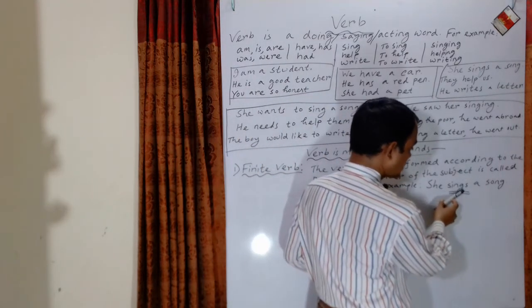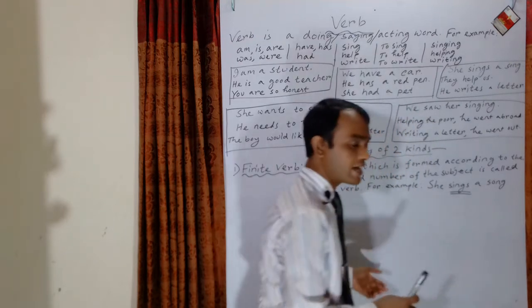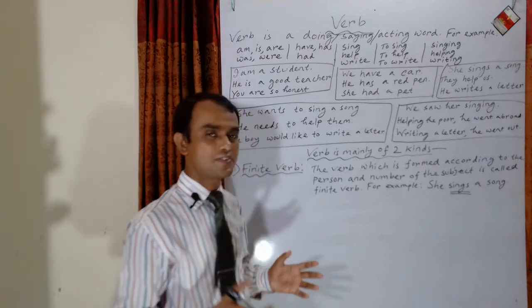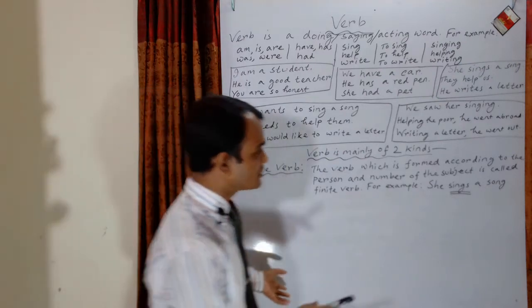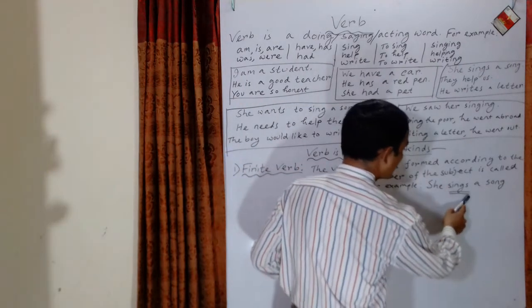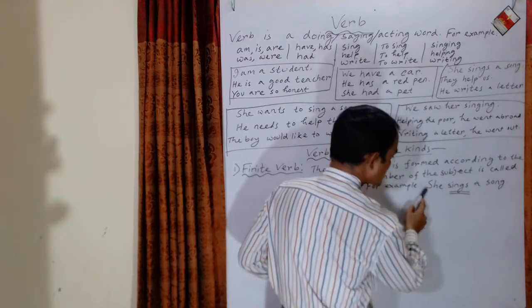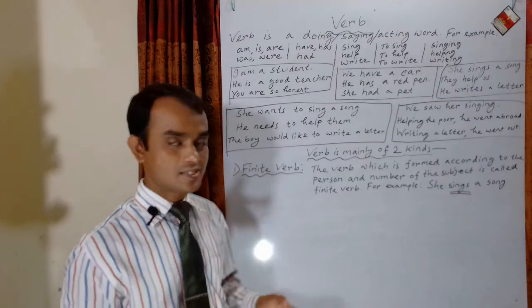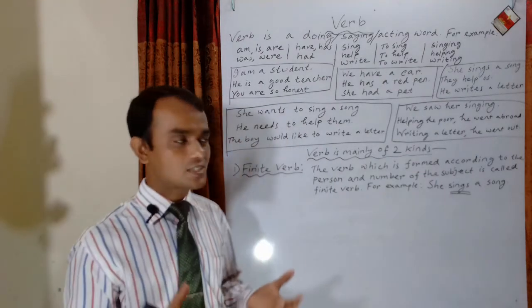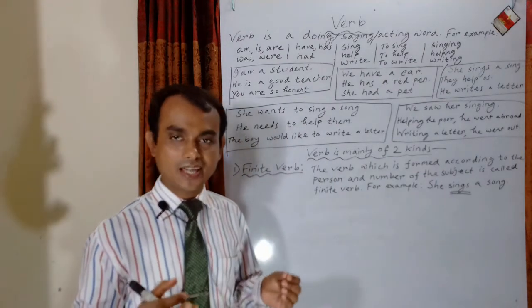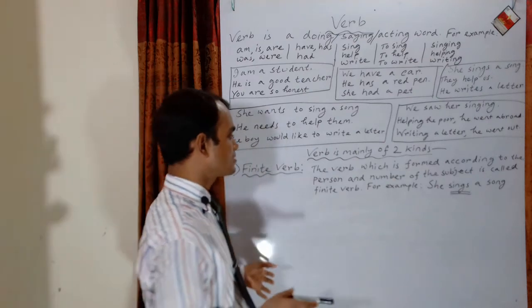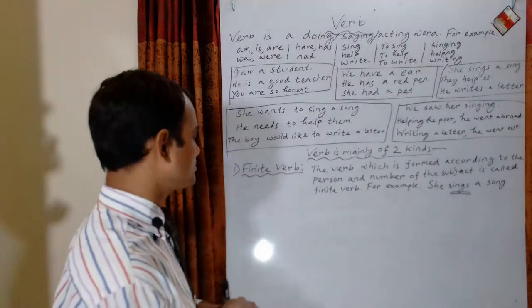At the end of the verb sing, we have added s. So this is a finite verb because this verb has been formed according to the person of the subject. She is third person singular number. For this reason, we have added s at the end of the verb sing. So this is finite verb.